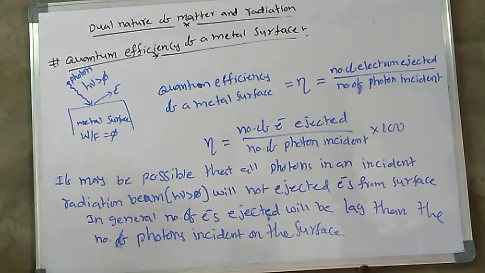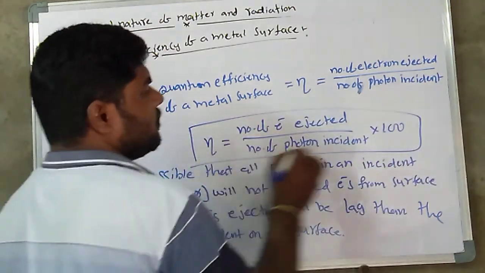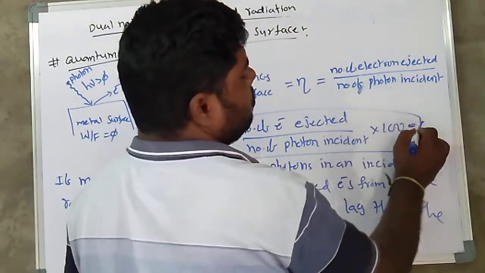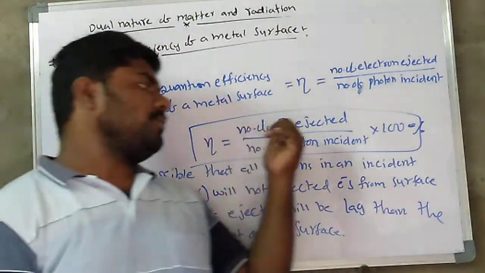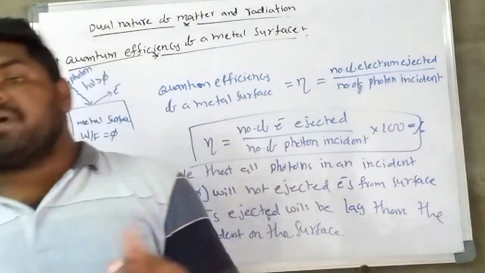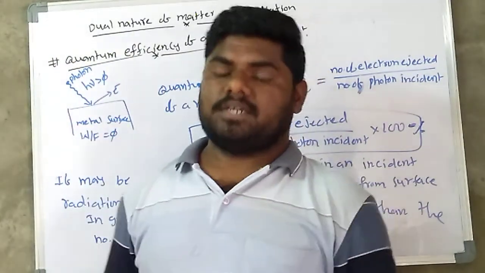That's why efficiency occurs. The general formula: efficiency is equal to the number of electrons ejected divided by the number of photons incident, into 100, which is the efficiency percentage.